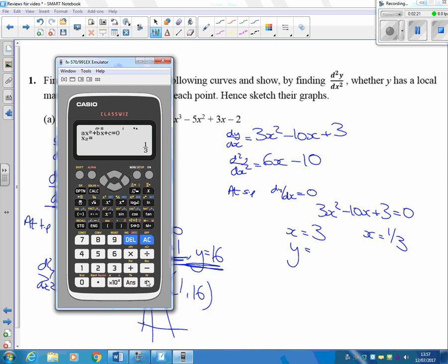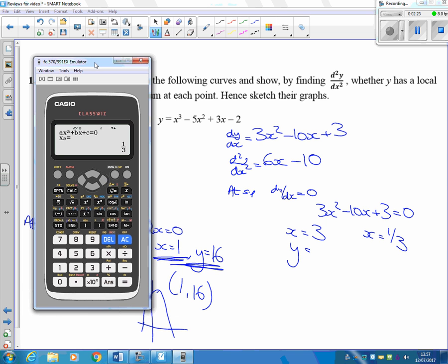So the y value here, if I put x into my equation, let's tap that equation out, shall we? So we've got x cubed minus 5x squared plus 3x minus 2. Because I've got to put 2 of these in, it might be quicker to do it this way.